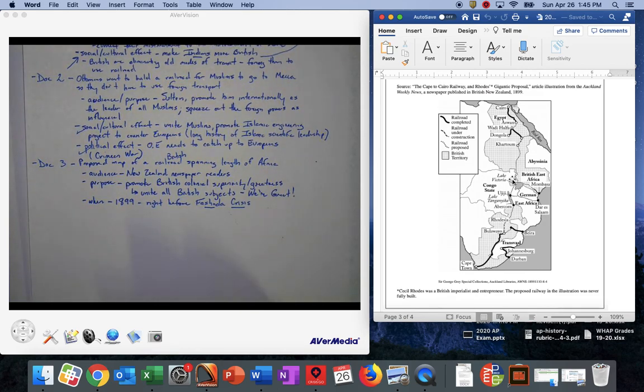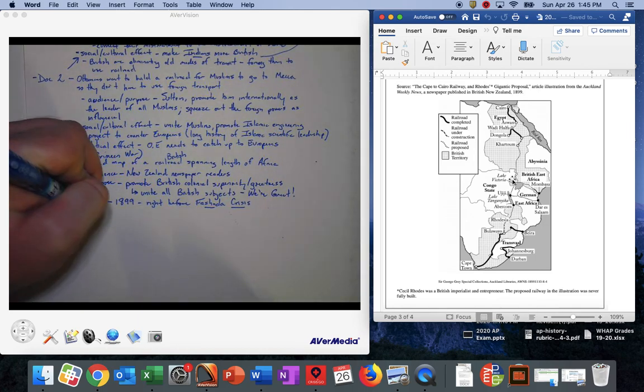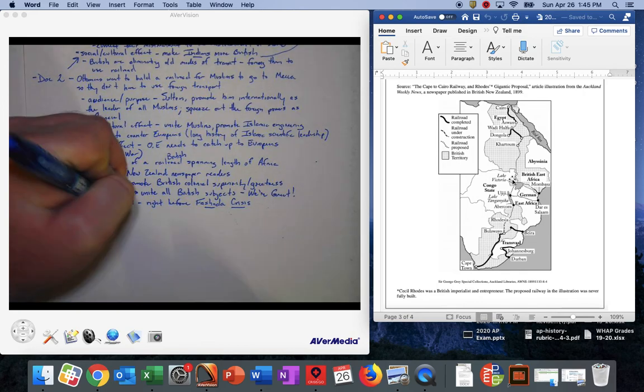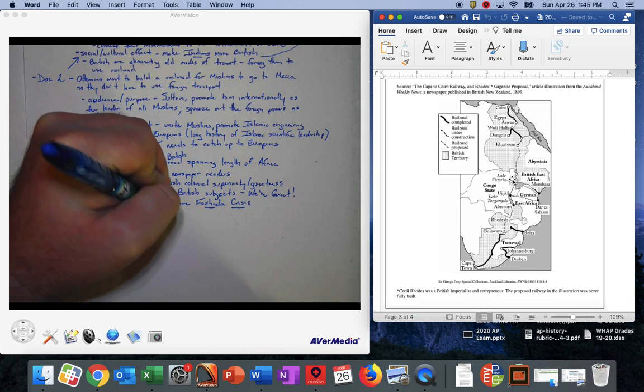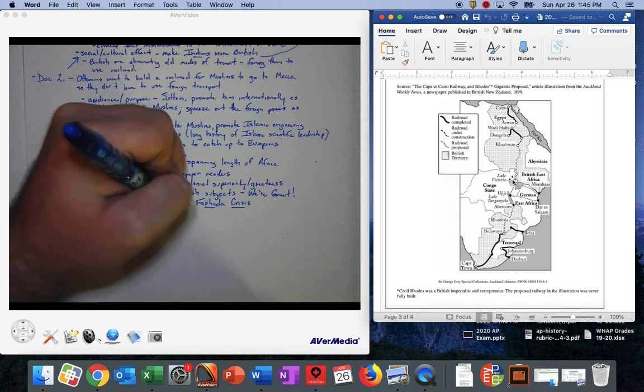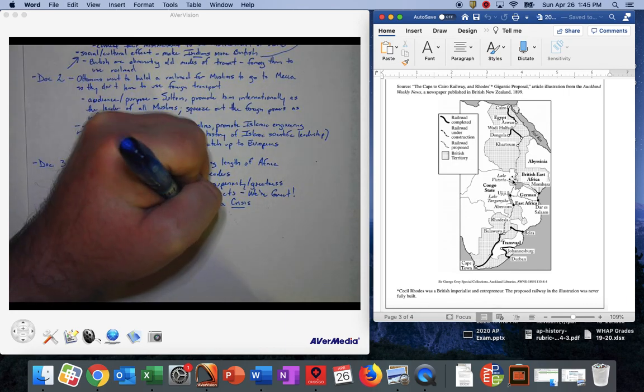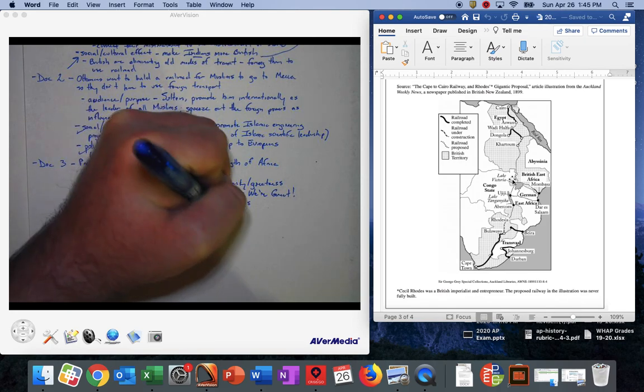Now, if we're thinking about effects, we've got our two groups of effects. You've got a cultural or a social effect, and that is to unite all the British colonial subjects.